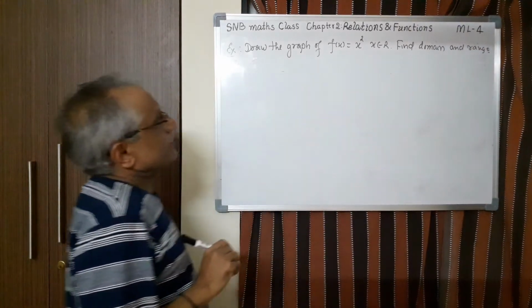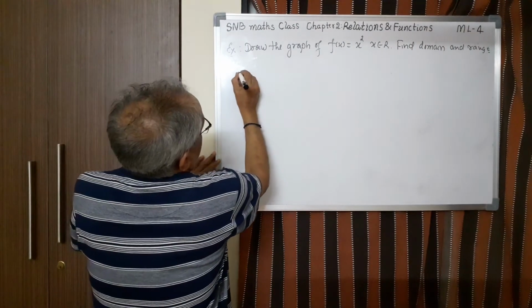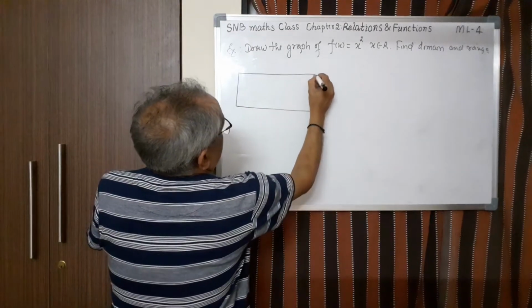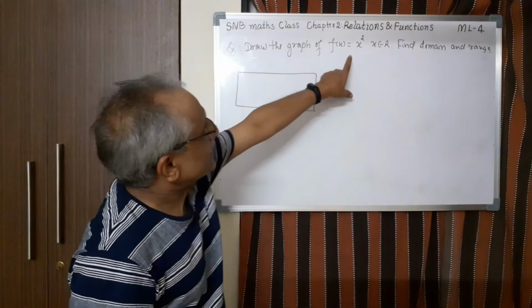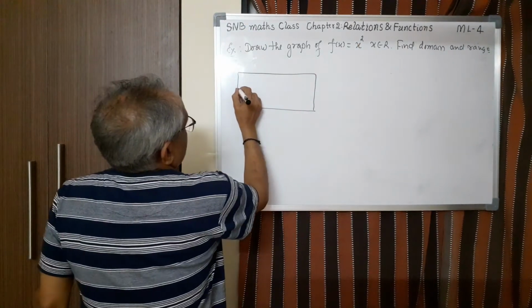Same thing, let us first draw the table of values. Here it is a second degree polynomial. Power of x is 2, so it is second degree polynomial.